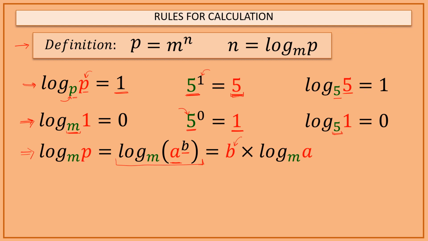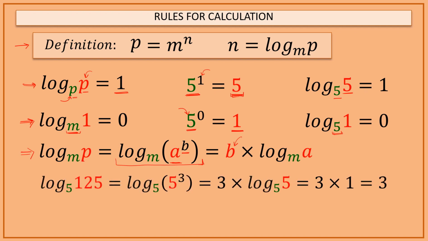So let us take an example to understand this rule. Here we would like to calculate logarithm of 125 to the base 5. Now 125 can be expressed as 5 raised to the power 3.